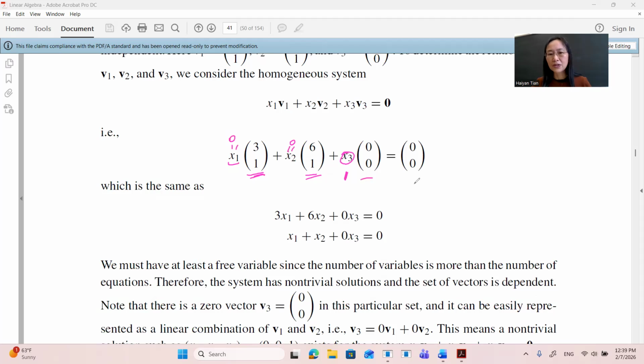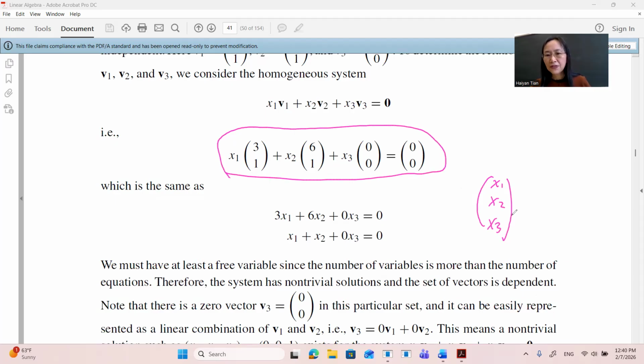That's a 0 vector. This one is still a 0 vector. So we can observe that if I give x1, x2, x3 of the system, if I make this one non-zero, and immediately make the other values 0, we find a solution to the homogeneous system.